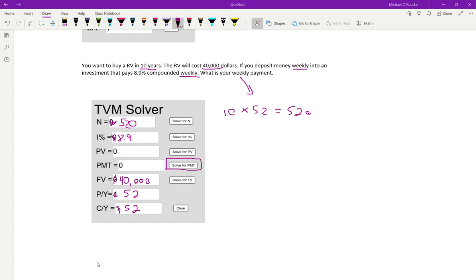And then let's plug it into our calculator. So 520, 8.9, 40,000, 52, and press payment. $47.77 is what we need to put in each week.